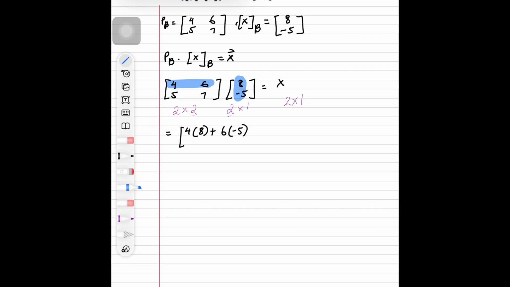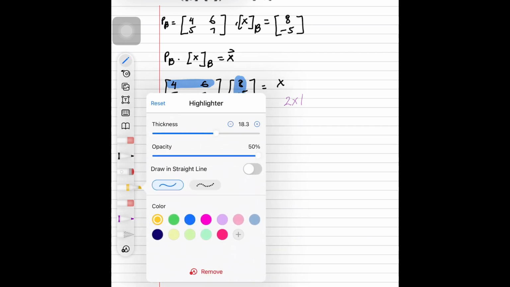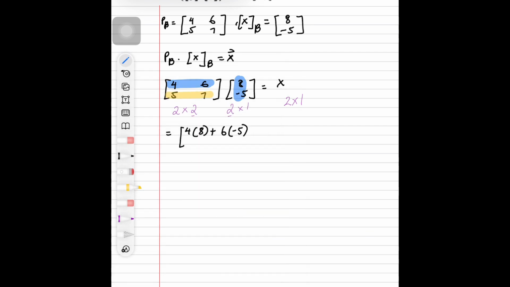The next line would be 5 and 7 times this, that would be 5 times 8 plus 7 times negative 5.